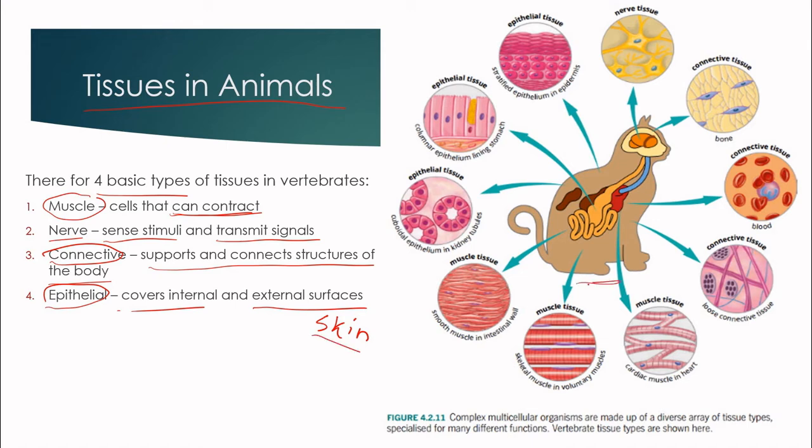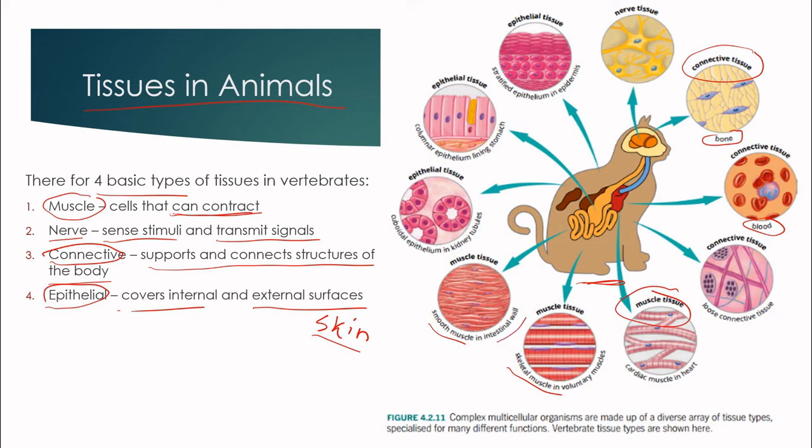Here we have an awesome cat. Possibly my father, we're not too sure yet. But here we go, we've got some connective tissue, an example of being bone. We've got blood as well as a connective tissue. What else do we have? Muscle tissue, which is, again, one of our main types of tissue in a vertebrate. Skeletal muscle, smooth muscle in intestinal walls.